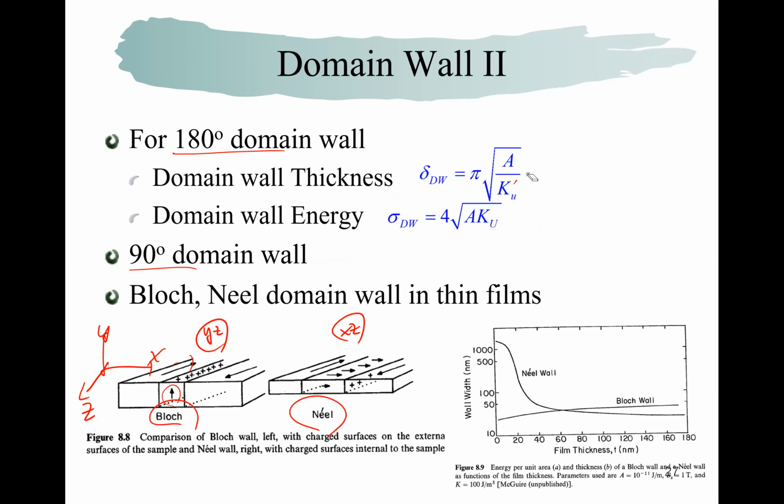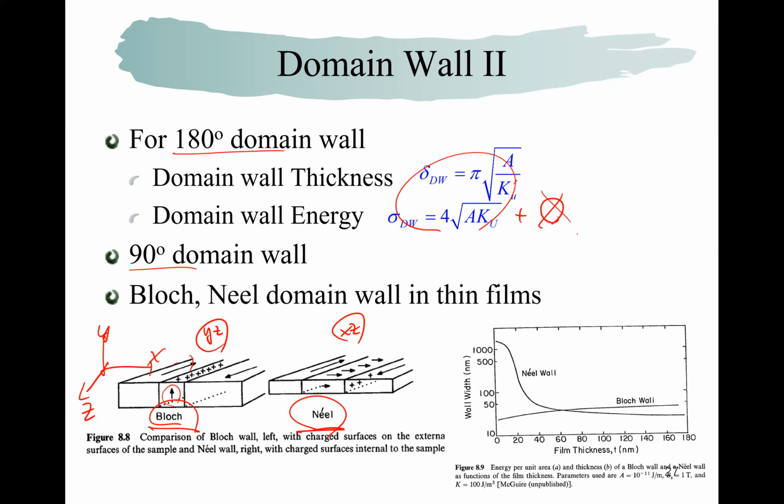But as Doyon asked, these two domain walls have a little bit different energy because of the different magnetostatic energy, the dipole energy. So we need some extra term to describe correctly the Bloch and the Néel wall. But in many cases, this term is not important.